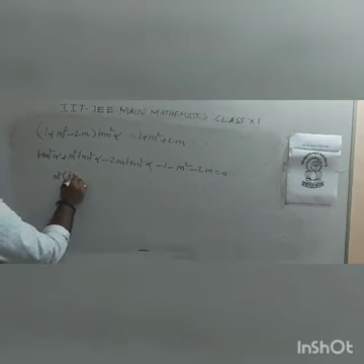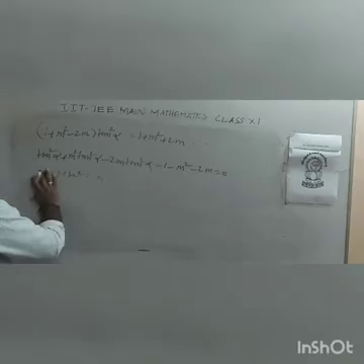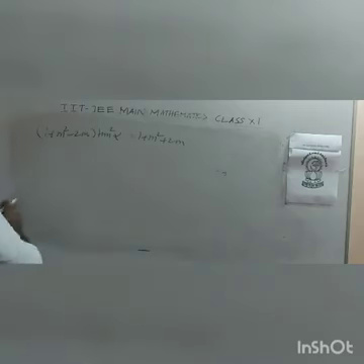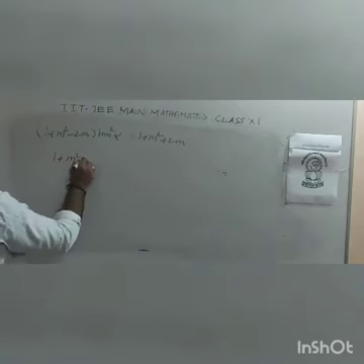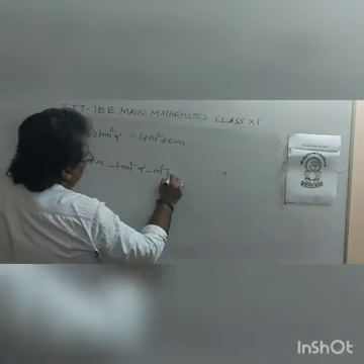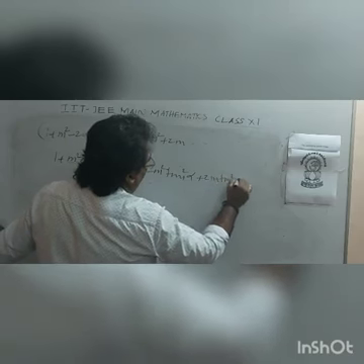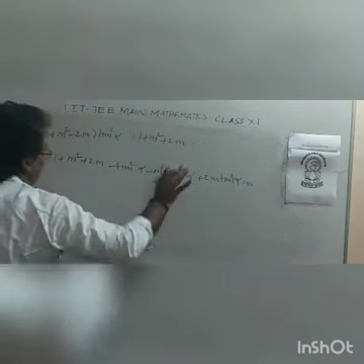Or bring this side, this will be convenient to you. 1 plus m square plus 2m minus tan square alpha minus m squared tan square alpha plus 2m tan square alpha equal to 0. Bring all terms to this side.